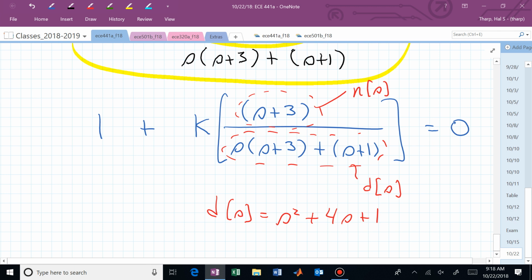But where are the roots? What values of s cause that d of s to vanish? If I said put your x's in the first quadrant of the s-plane, in the second quadrant, in the third quadrant, in the fourth quadrant, in the right half plane, in the left half plane, where would you locate those roots?